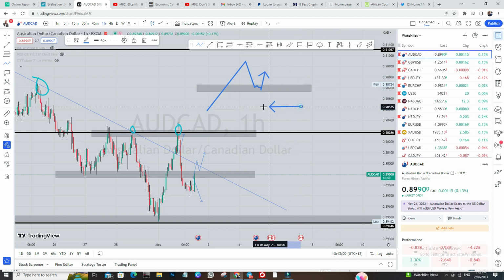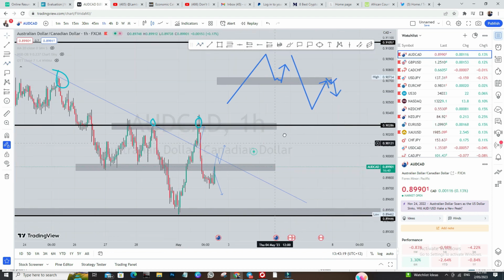The same thing happens if I'm having a bearish bias: price comes down, breaks it, retests, establishes a kind of resistance and starts pushing to the downside. So the same idea I'm using to track this particular pair.